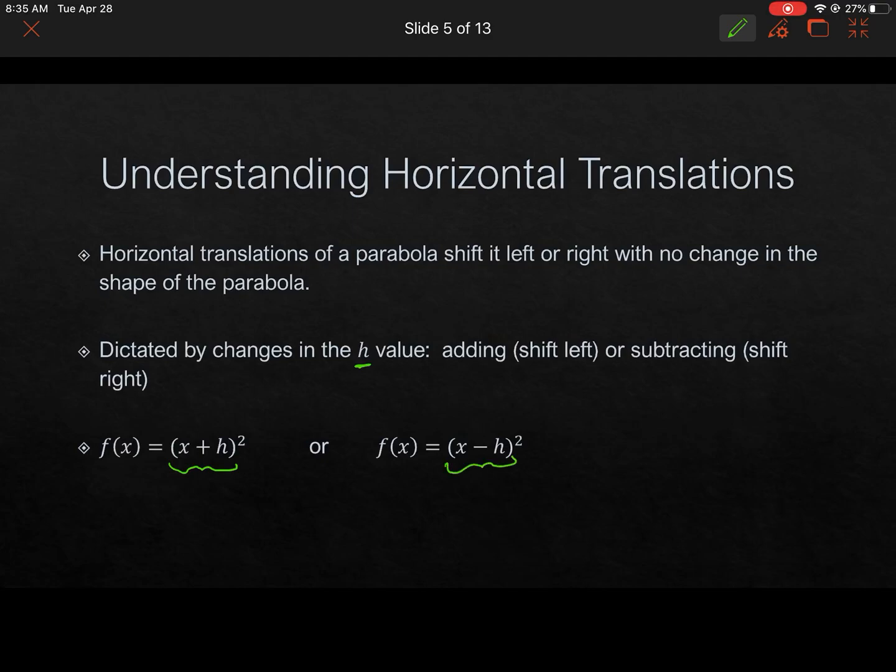And so here's the thing with horizontal translation. If I'm adding an h value, which would be positive, we're actually going to be shifting the graph left in the negative direction. And if we subtract an h, it's actually going to be shifting it horizontally to the right in the positive direction, which is kind of unusual, kind of unique.